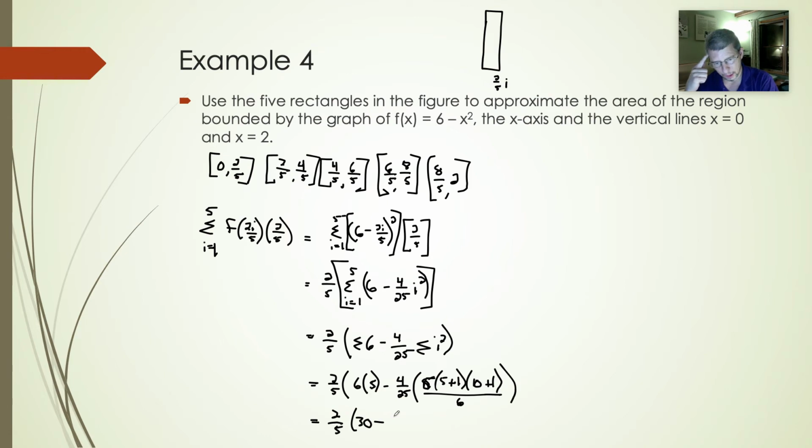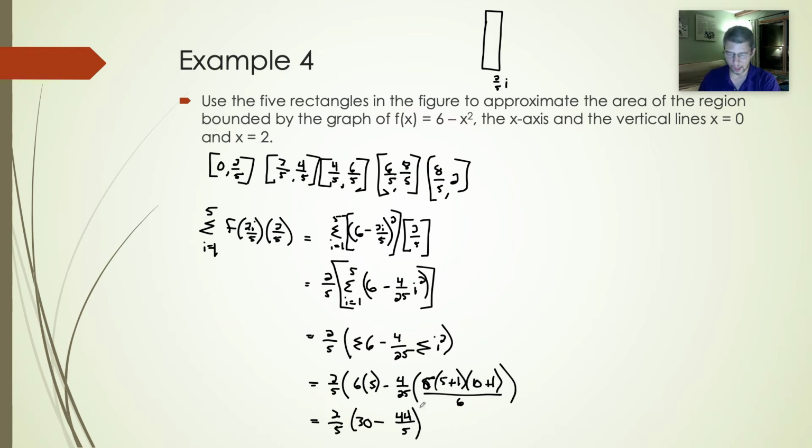And 25 times 6 is 150. All right. And so this is going to simplify to 44 over 5, I think. I believe so. It's 10 times 7. Yes, 44 over 5. All right.